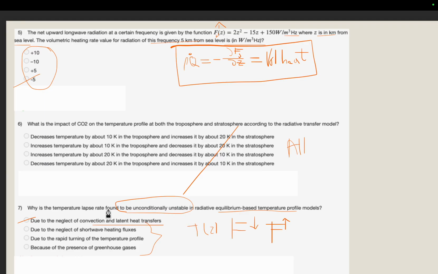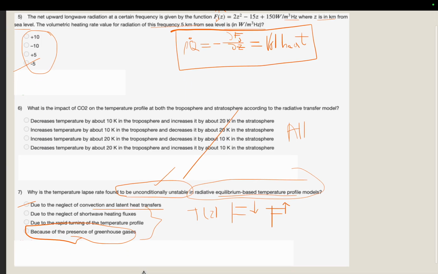So the lapse rate is found to be unconditionally unstable in such models. Also, these radiative equilibrium based transfer models include the presence of different kinds of gases, and the presence of these gases has been taken care of with their optical depth.